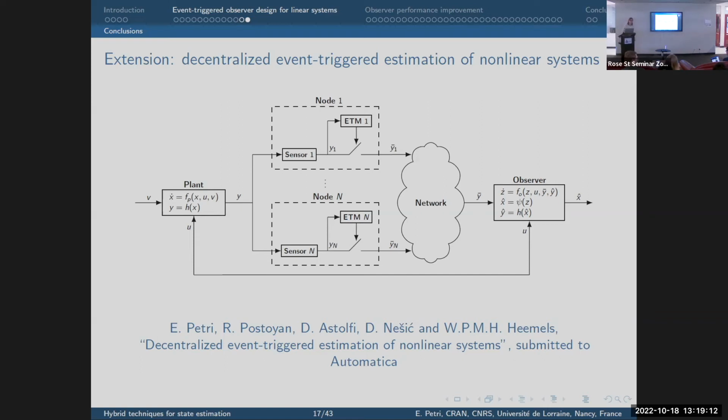What's the effect of noise on the performance? Yes, in this first work on linear systems, we didn't consider noise. While in the extension, there is a part that considers noise. And in this case, we have to consider a bounded noise, and the epsilon does not have to be only strictly positive, but has to be big enough so as not to trigger a transmission only because of the noise.